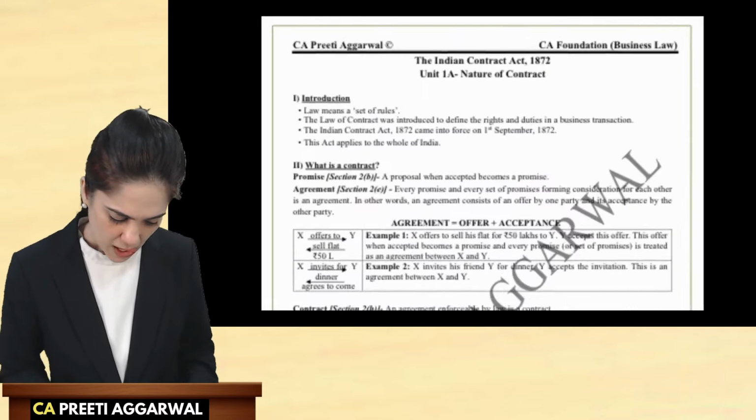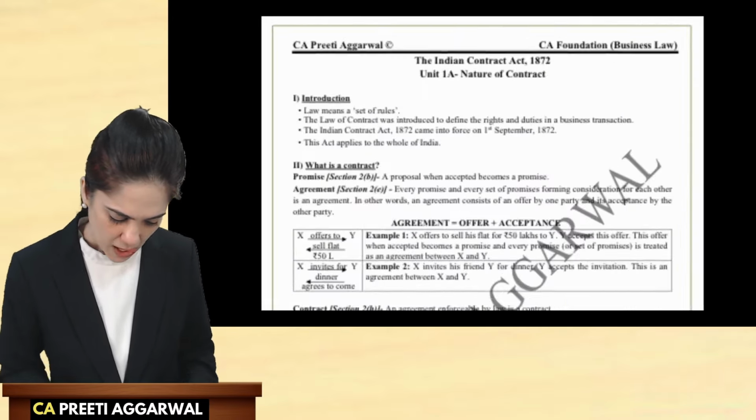To those business transactions, your personal law, English law, or the law of the king or the governor was applicable. So there was no unified law. But after 1st September 1872, this act applies to the whole of India. It applies to all the contracts entered in India.